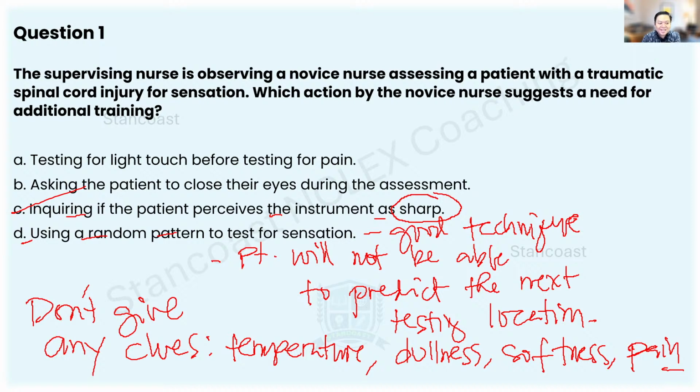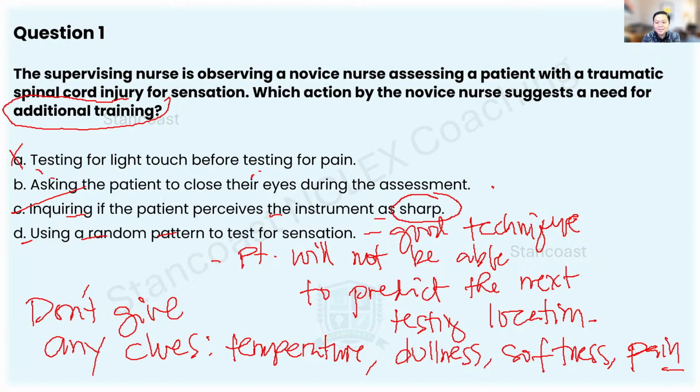So if you answered letter A, testing for light touch before testing for pain, that's another technique that we can do. So we're eliminating that because what we are looking for are those actions done by the new nurse that will require additional teaching. What about letter B? Asking the patient to close their eyes during the assessment.